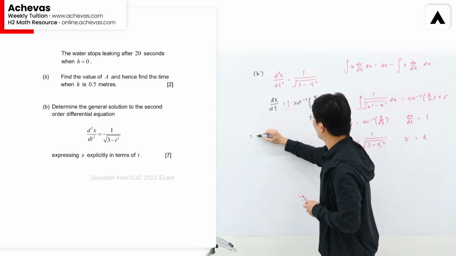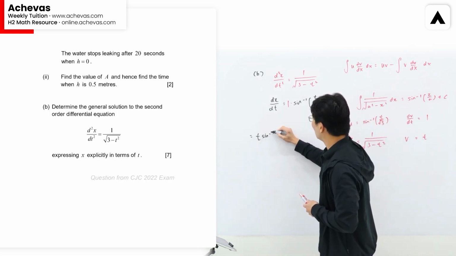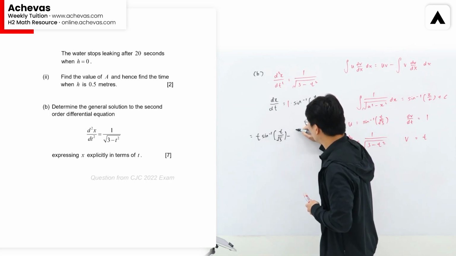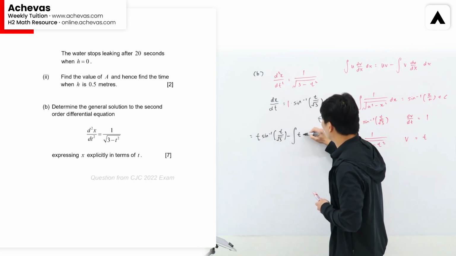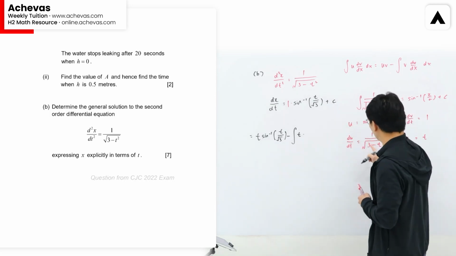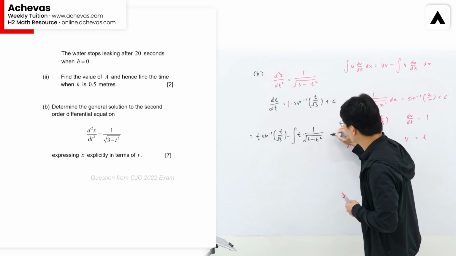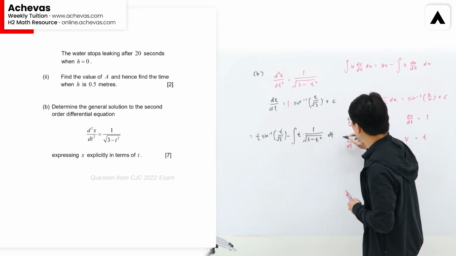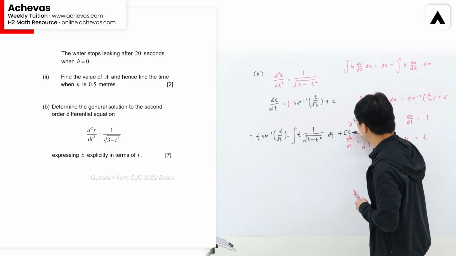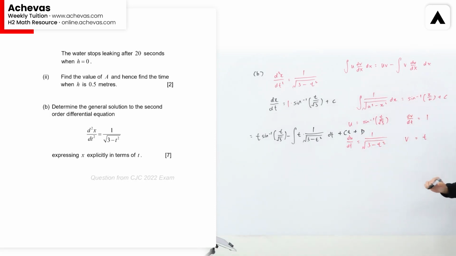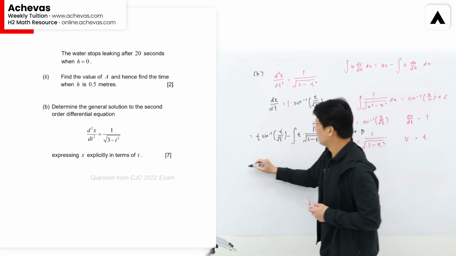I will end up with t sine inverse t over square root 3 minus integration of t over square root 3 minus t squared dt plus ct, and don't forget to put a plus d, right? So for this, we are going to simplify a bit more.